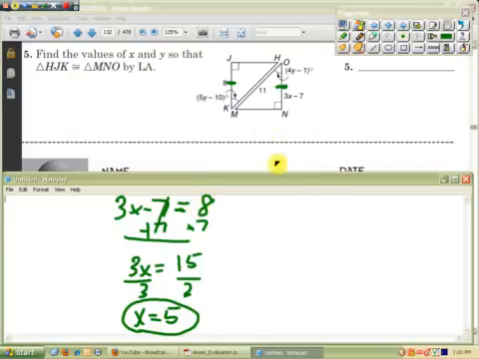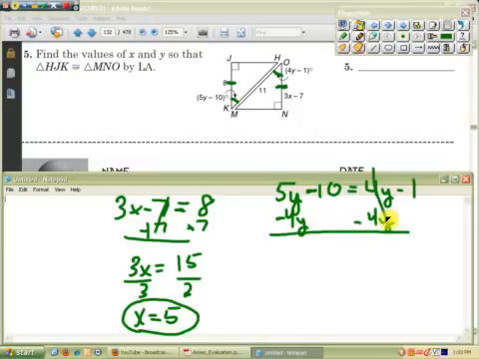For the y values, you have to look at the picture again, and it gives you the clear answer. This angle equals this angle because those little marks say they do. And because of that fact, the two equations also equal each other. When you solve this equation, let's do a little bit of algebra here. If you subtract the 4y, you do not have to subtract 4y from here.